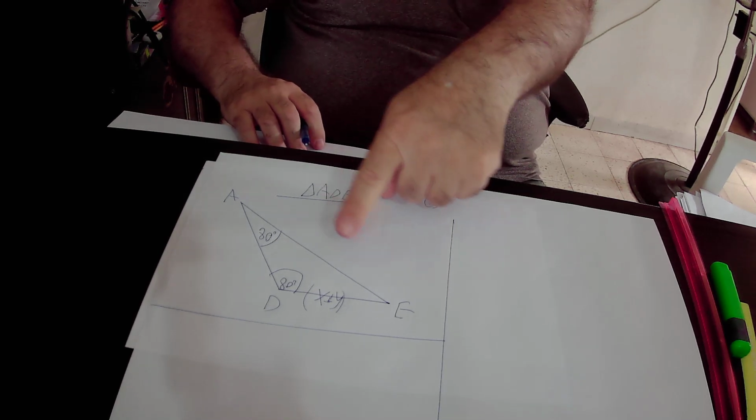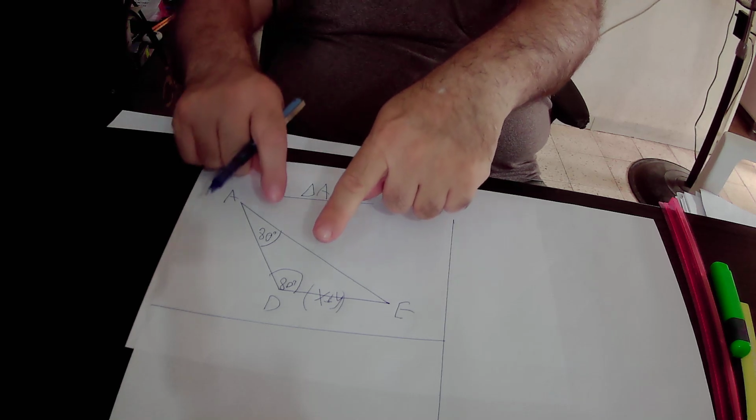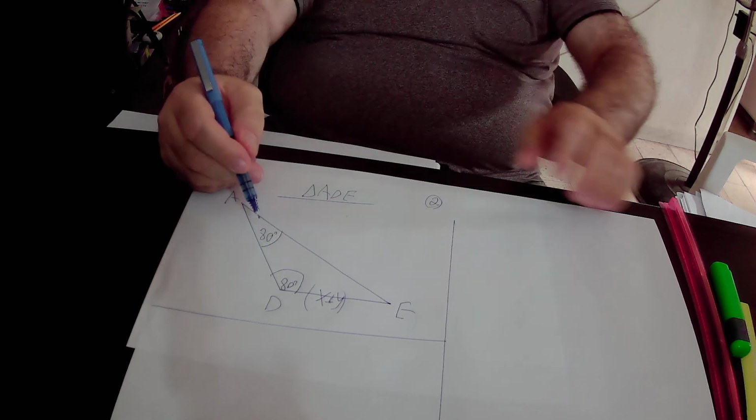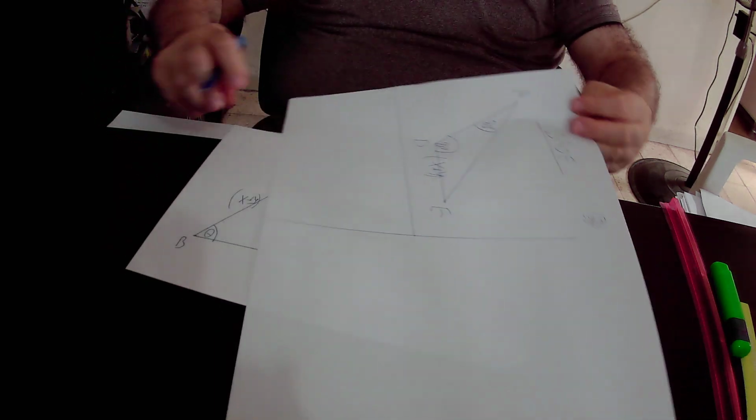We found out that DE equals X plus Y. Those two angles are both equal to 80 degrees, and therefore they are equal to each other.